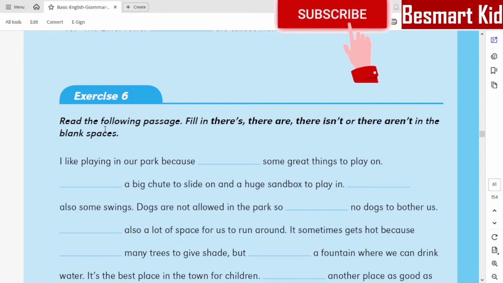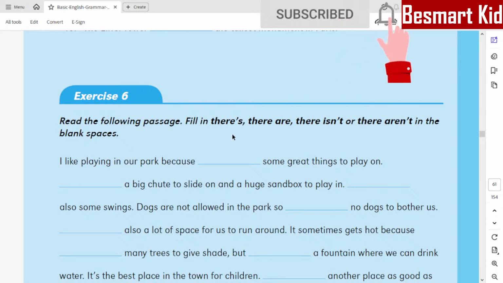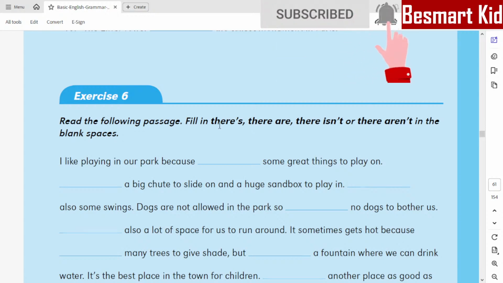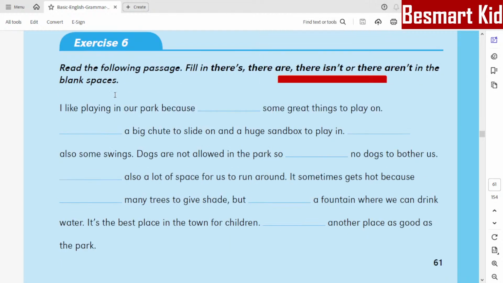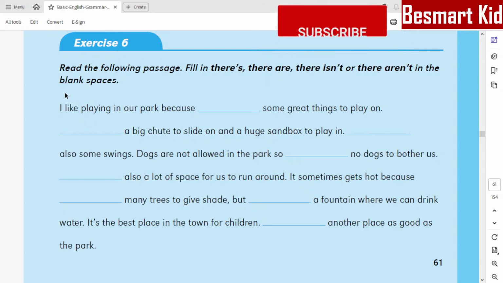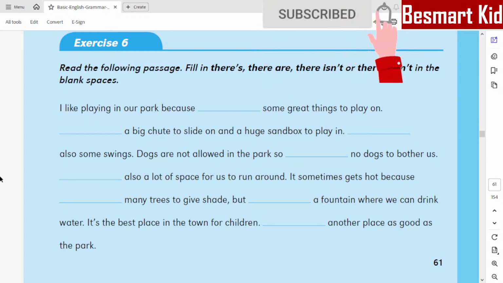Exercise 6. Read the following passage. Fill there is, there are, there isn't, or there aren't in the blank spaces. First, I like playing in our park because there's some great things to play on.